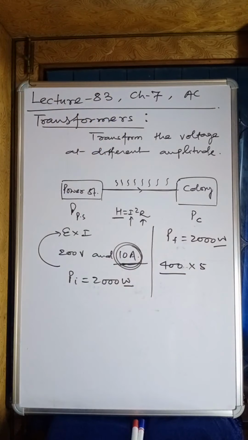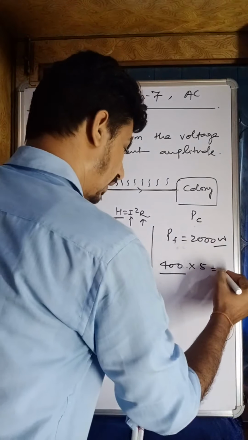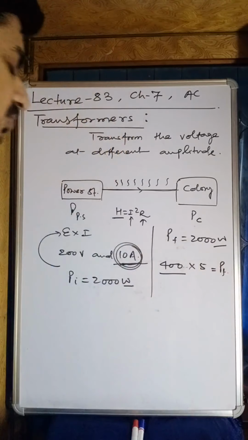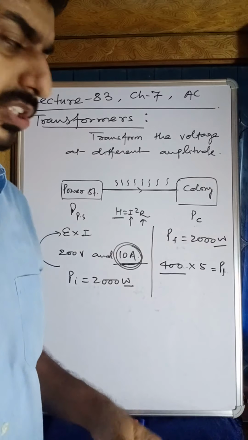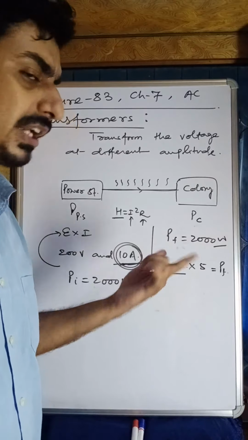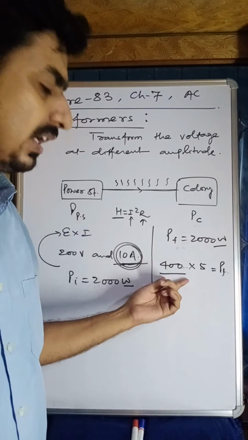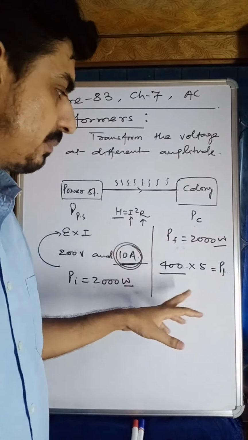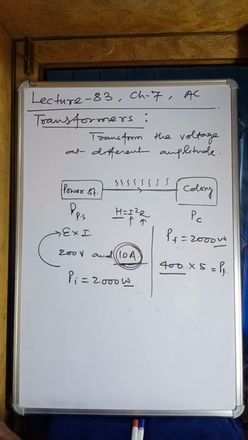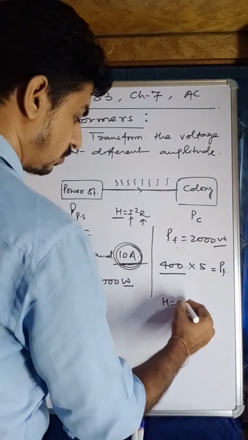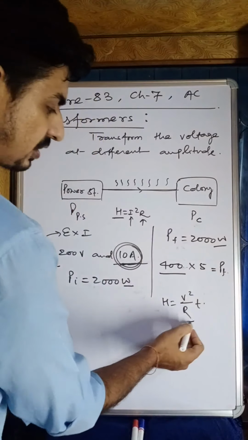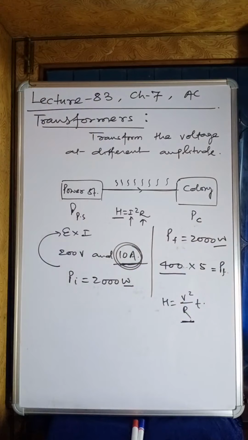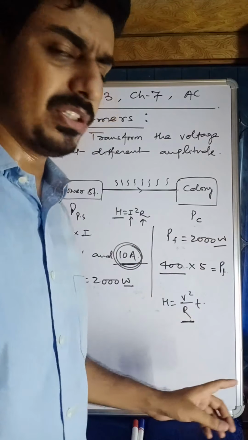If you want to decrease the current, then you need to increase the voltage. And in this case, the power remains the same. The input power equals the output power. If you are thinking, sir, increasing the voltage will again increase the power, remember, recalling the formula H equals V square over R times T, the resistance will divide this voltage.